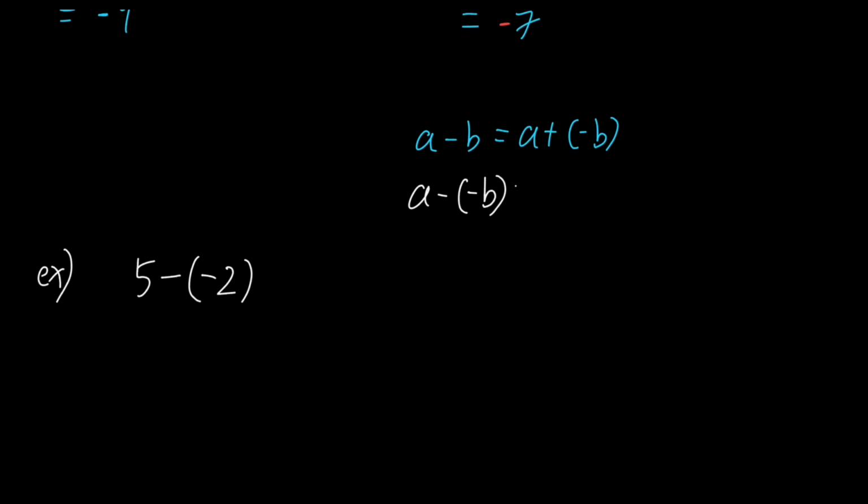It's similar: we use a plus the additive inverse of negative b, which is just positive b. With that, we can see this question is a subtraction of a negative number, so we say 5 plus the additive inverse of negative 2, which is positive 2. Then 5 plus 2 is 7.